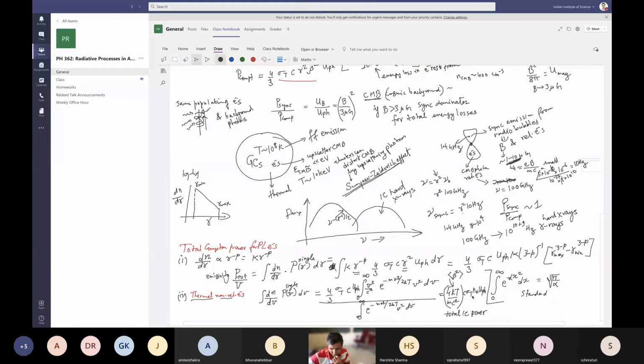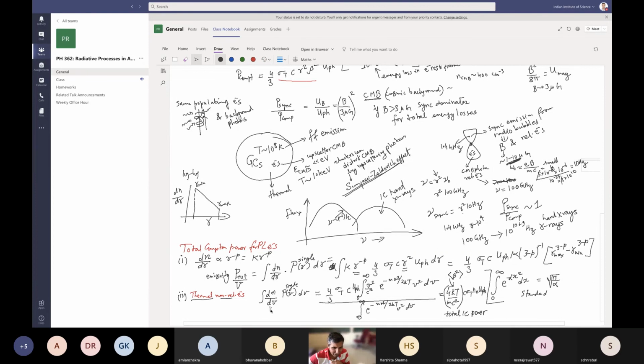Let's see. So sigma T. This is dimensionless. kT by mc squared is dimensionless, and c sigma T n_e is just 1 over time. It is coming from the integral, you're saying. Yes. This dN/dv will have n_e, right?